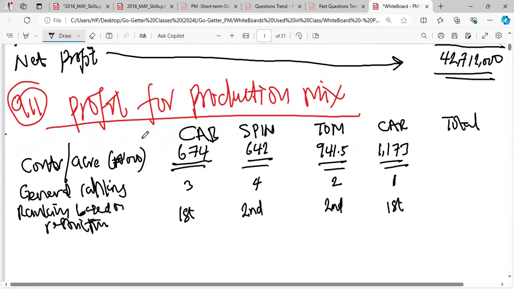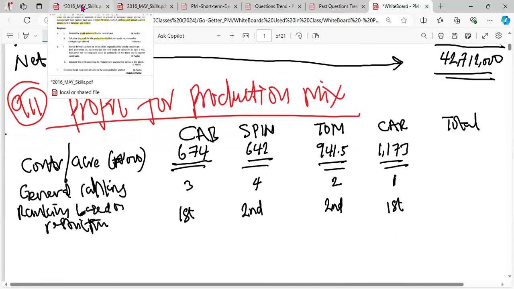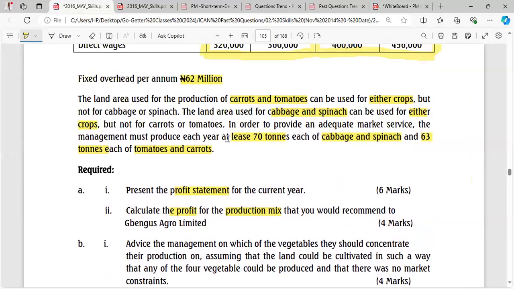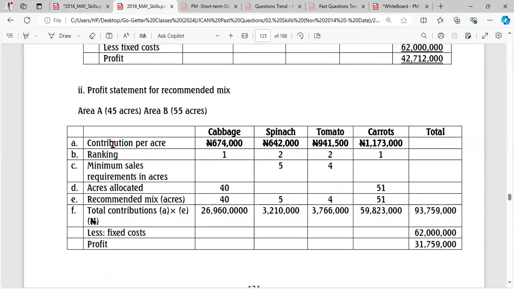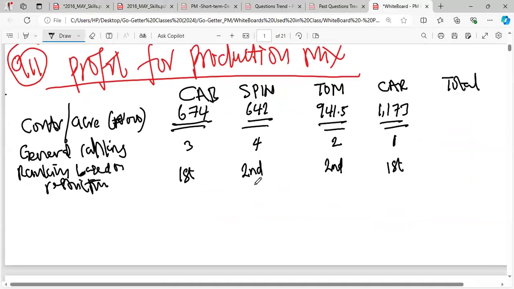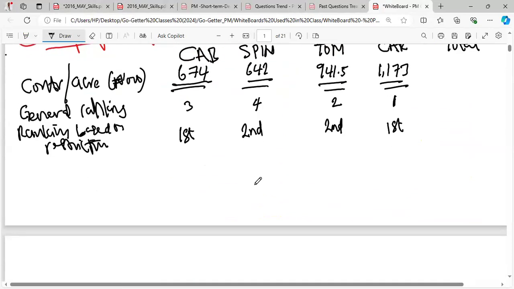Now, you were told that management must produce at least 70 tons each of cabbage and spinach. So you must produce at least 70 tons.